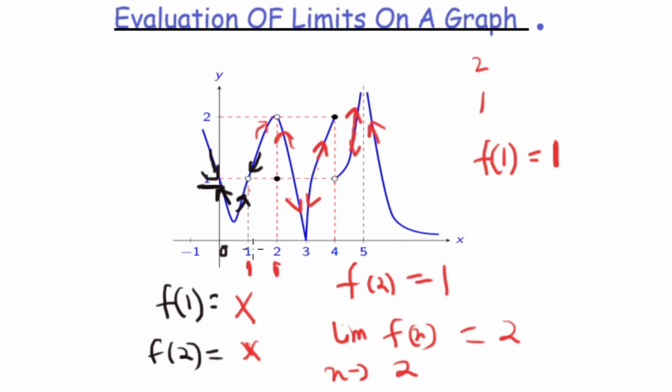Now remember, we don't have a value for f of 1 over here. At f of 1, we have a hole here. Therefore, we define the value of f of 1 as 1, because when we trace from x to the curve and map to the y-axis, we obtain 1.